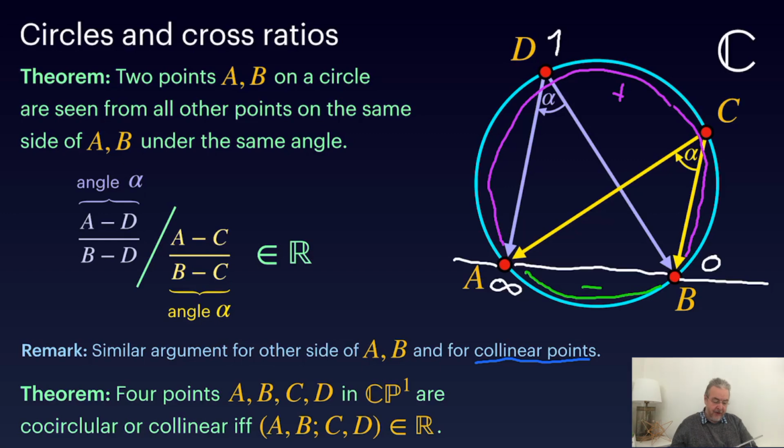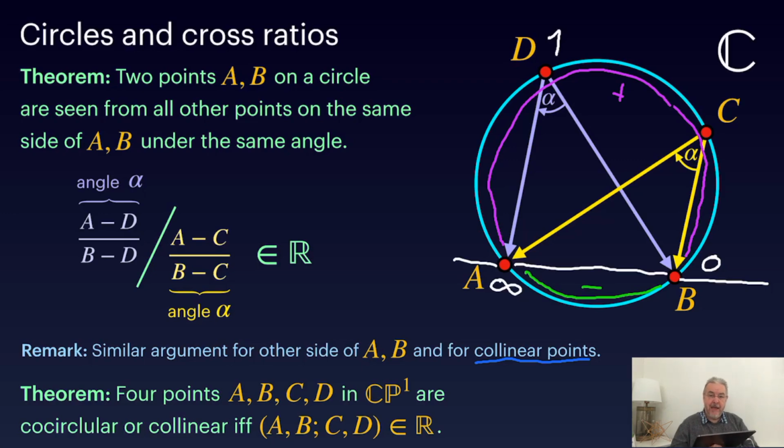And well, you see that we somehow put co-circular and collinear into one category in that theorem, and this is a natural thing because you can consider a line as a circle with a very, very large radius, radius infinity.